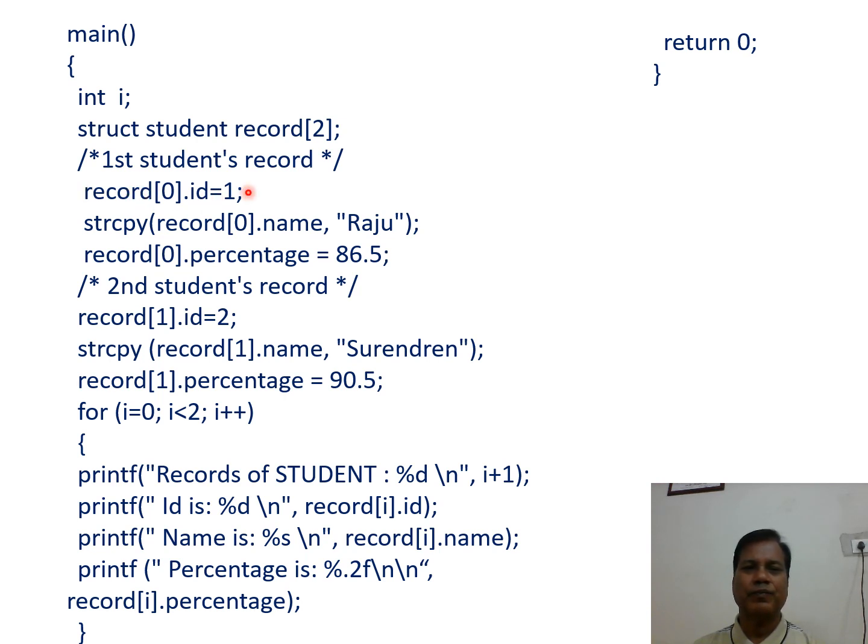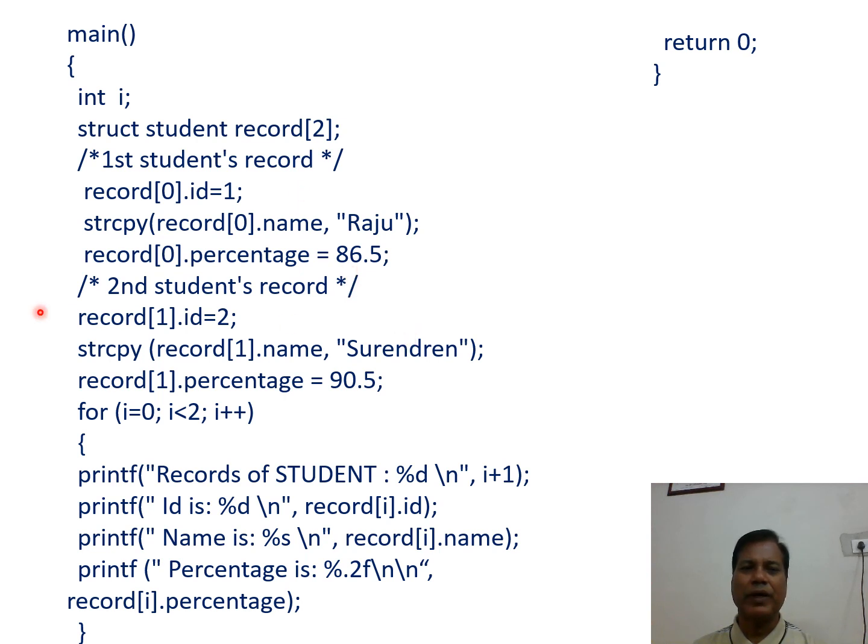Then strcpy(record[0].name, "Raju"); So the name of the first student is Raju. Then record[0].percentage = 86.5; The percentage marks of the first student is 86.5. So these three data are assigned as the record of the first student.